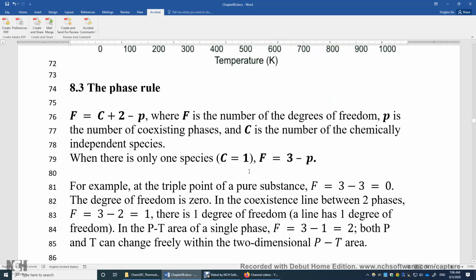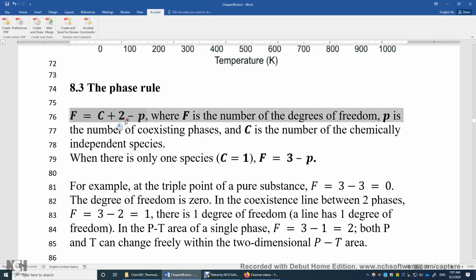Now, what if you have 2 chemicals? Let's say you have nitrogen and oxygen, and then the number of freedom is equal to 4 minus the number of phases. So let's say you have nitrogen gas and oxygen gas in the gas phase only. There's only one phase, the gas phase, and they're mixed.